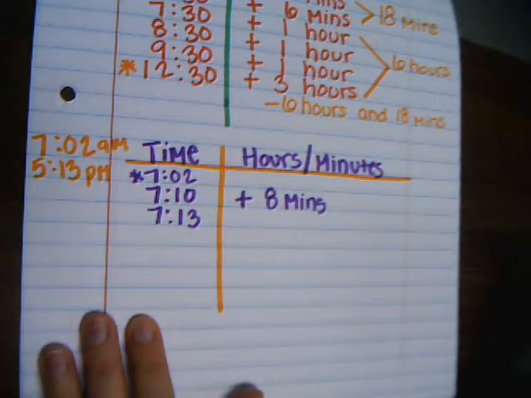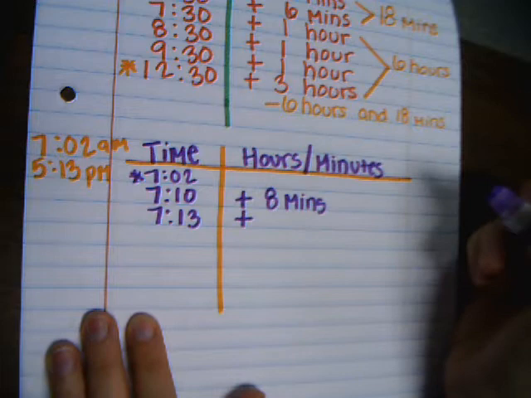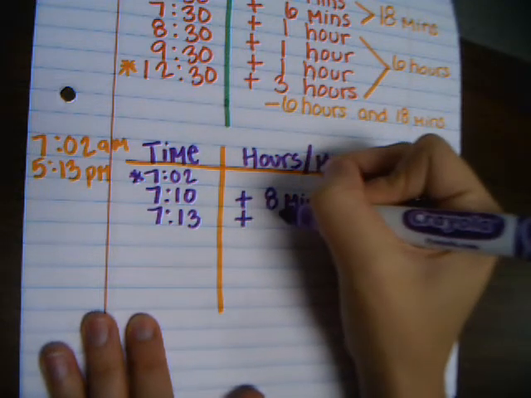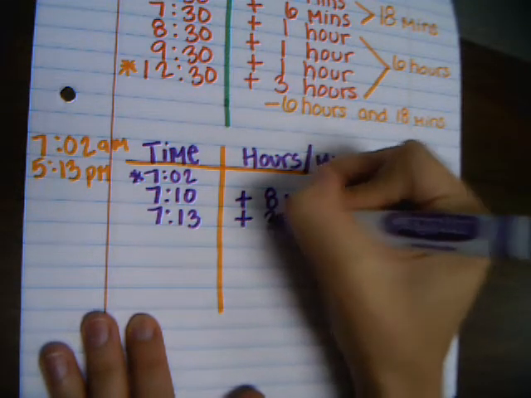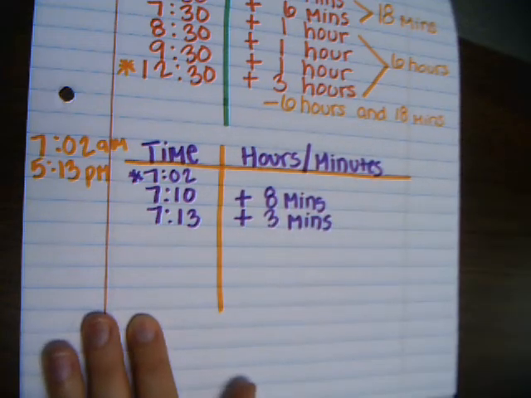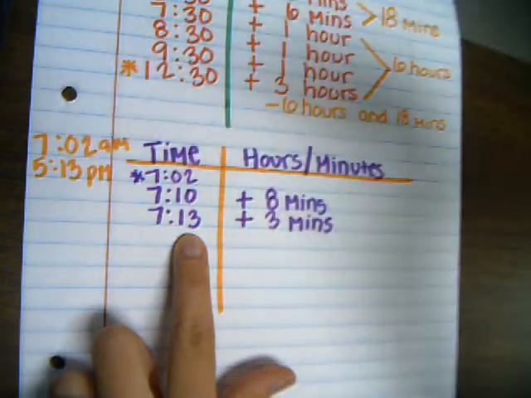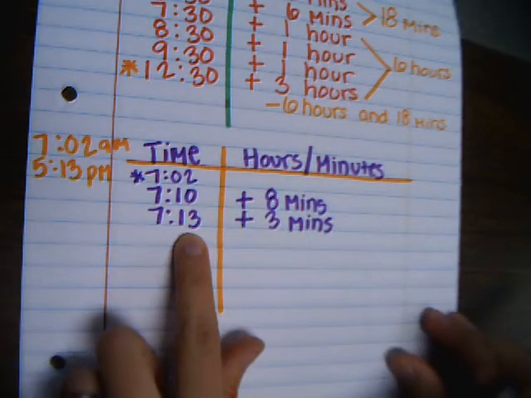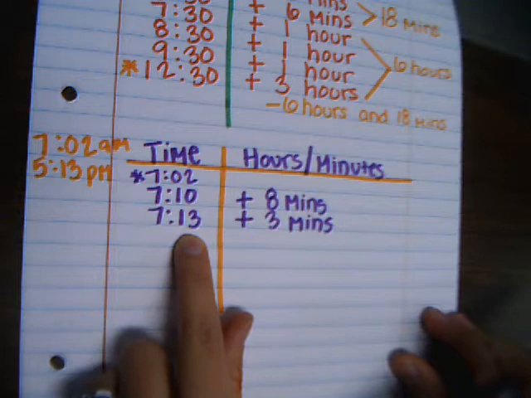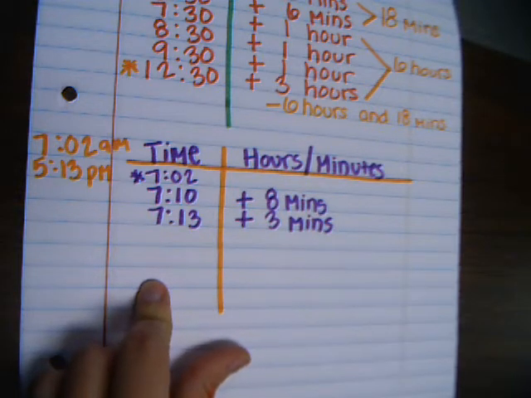From 7:10 to 7:13, the difference between 13 and 10 is 3, so we just moved 3 minutes. Now we have the same end time in minutes as our final end time, so we can move much more quickly and easily through the rest of this problem by simply moving ahead in hours.